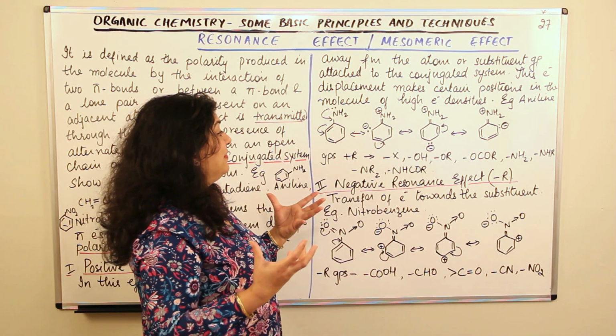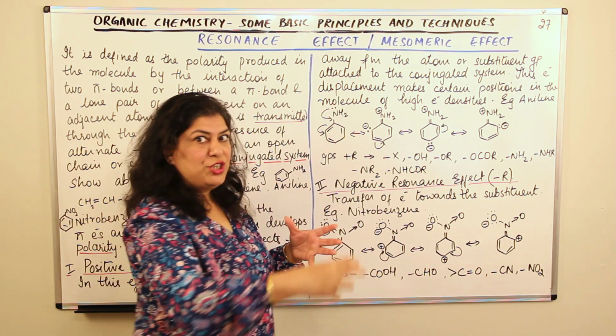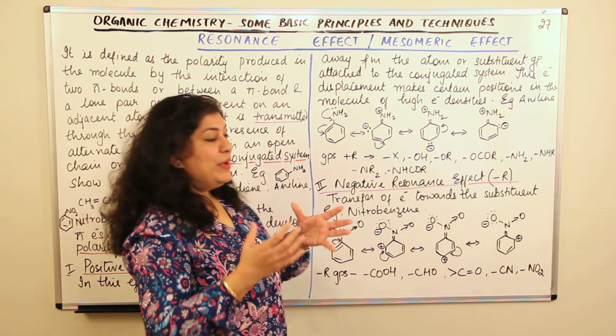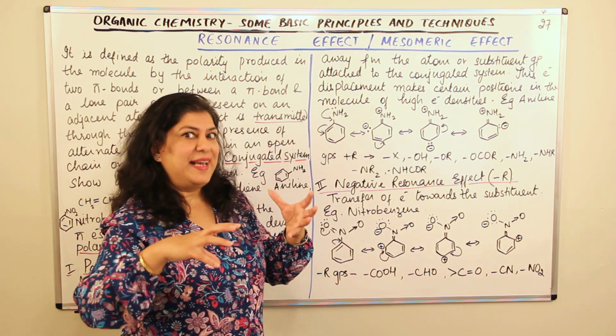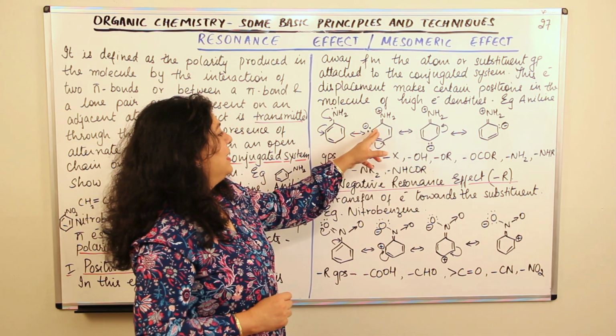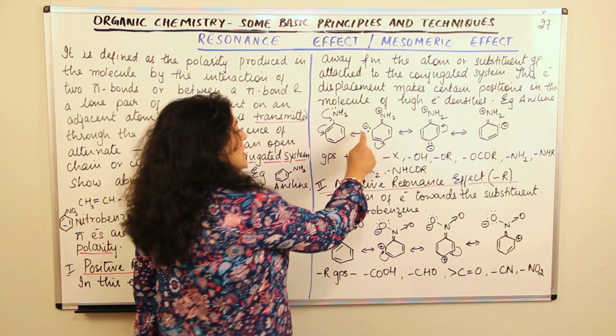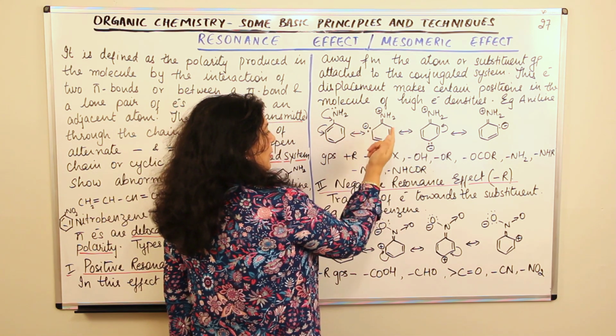As soon as negative charge is created on this carbon, the problem comes with the adjacent bond. In order to neutralize it, the pi electrons will move to the next carbon and allow a bond to form here. So this has now become a lone pair.